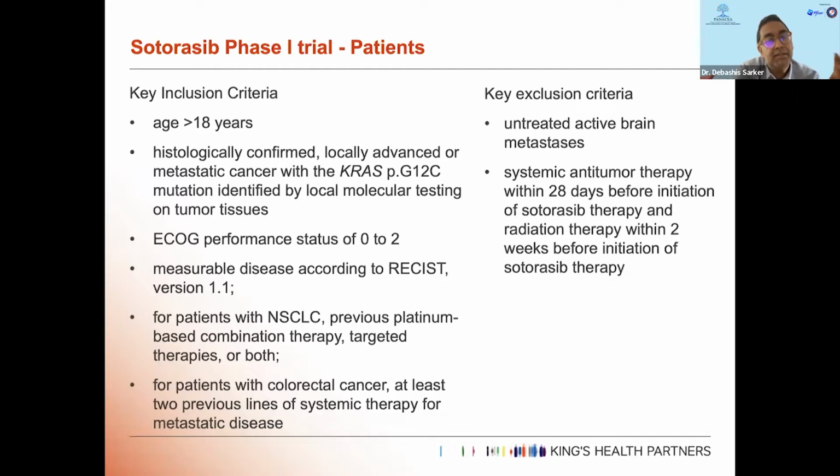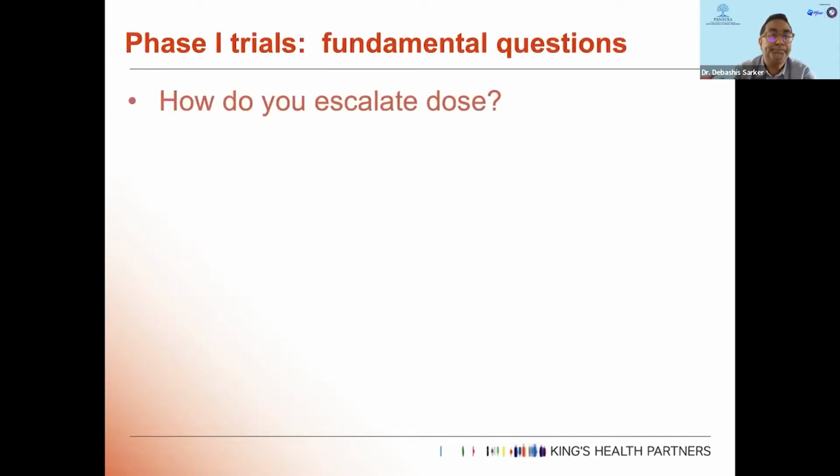So again, these patients are probably slightly earlier than many patients in the context of phase 1 clinical trials, but given what we've discussed, probably reasonably heavily pre-treated. And then in terms of key exclusion criteria, untreated active brain metastases, and this particular trial had a washout period of 28 days from previous anti-cancer therapy.